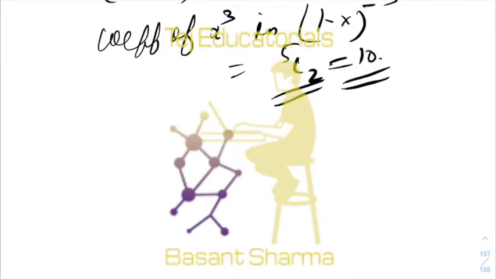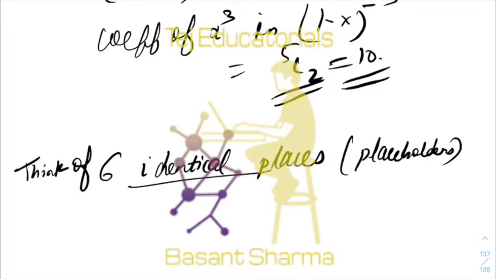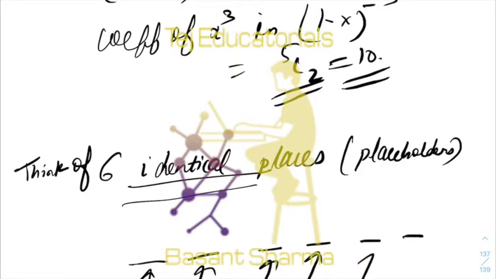The third method is actually the same thing, but a different perspective. You have 6 identical places or placeholders to fill. I'm saying identical because these places by themselves have no identity until you put an Indian or American or Israeli at this place.